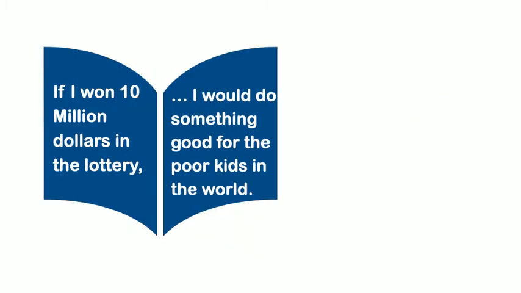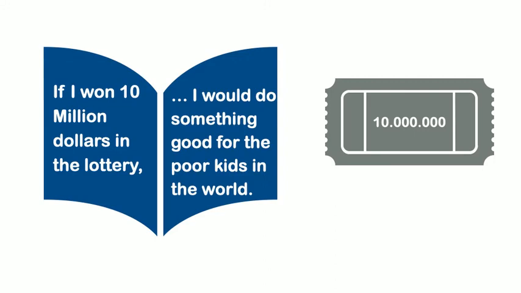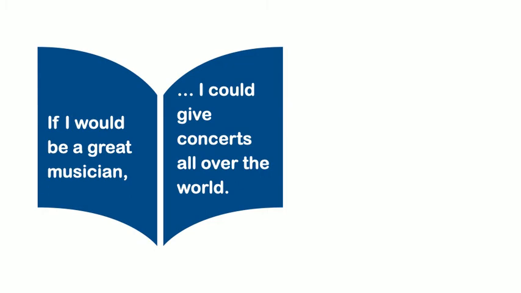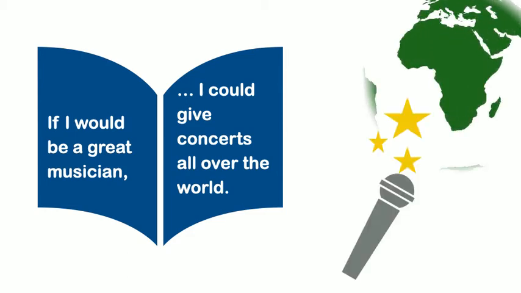For instance, if I won $10 million in the lottery, I would do something good for the poor kids in the world. But unfortunately, I didn't win the lottery. Or another example, if I would be a great musician, I could give concerts all over the world. But I'm not a famous singer at all.